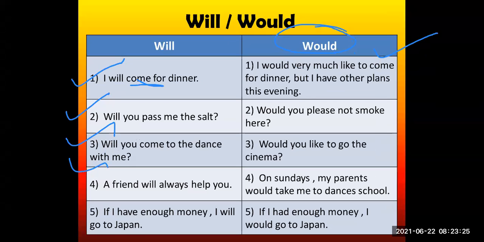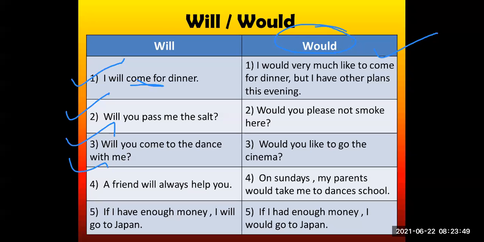Now his parents are not taking him to the dance school. But in the past, on Sundays, his parents were taking him to the dance school. So when you are talking about any past habit, use the modal auxiliary would. Next example, fifth example.